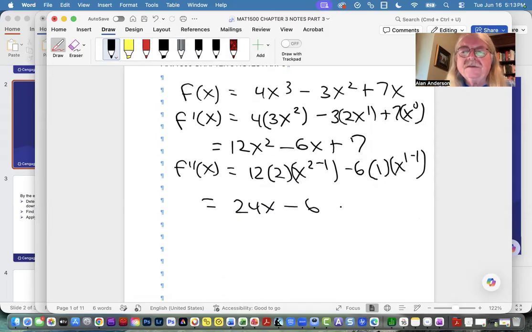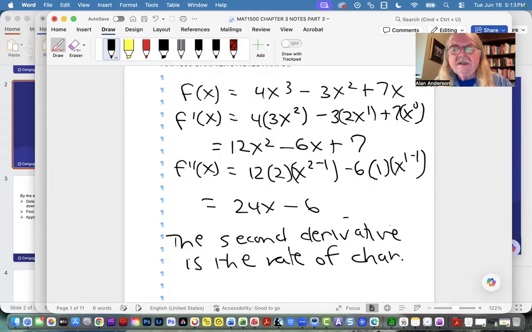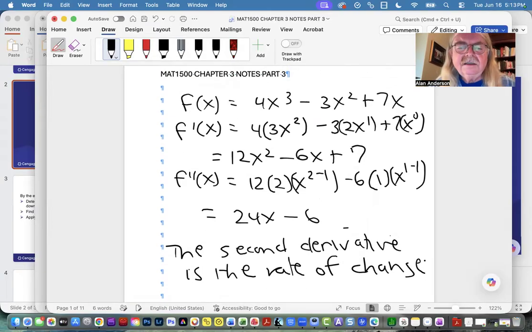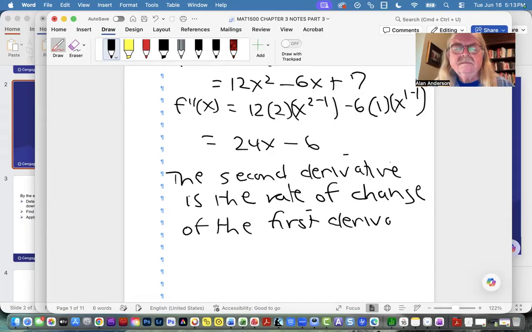So the second derivative, you can think of it as the rate of change of the first derivative, as x changes.